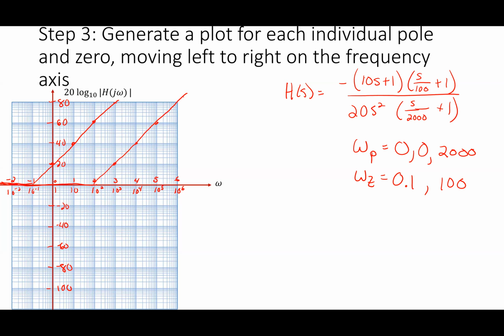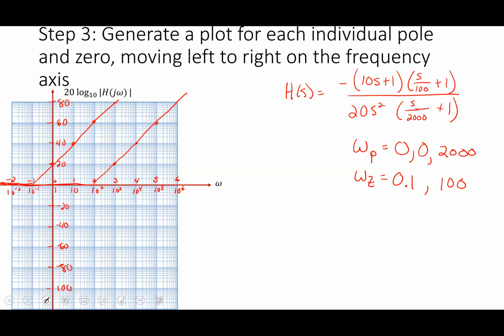So, all right. Then what? What's next? Now I'm moving clockwise. Then I get to that S over 2,000 plus 1. That's a pole. And it's a pole where? At 2,000. Where's that? Yeah, in between.